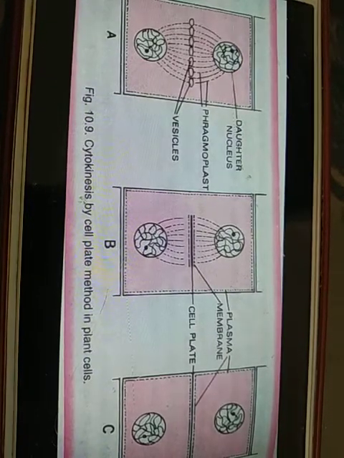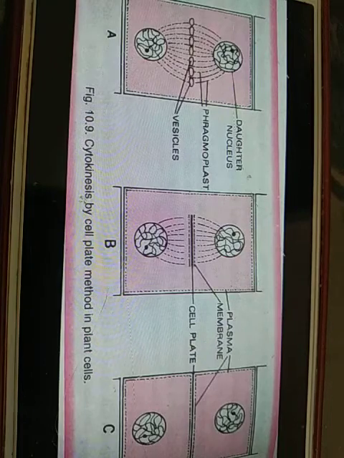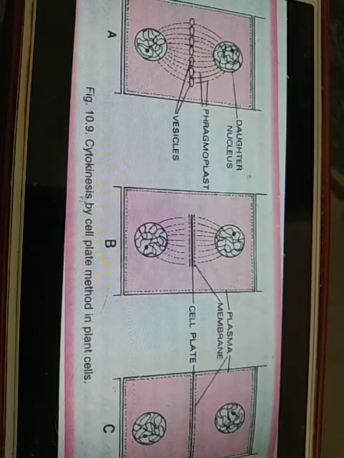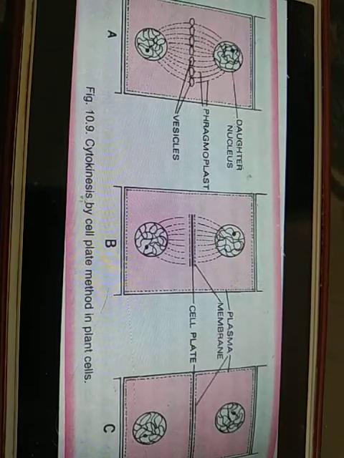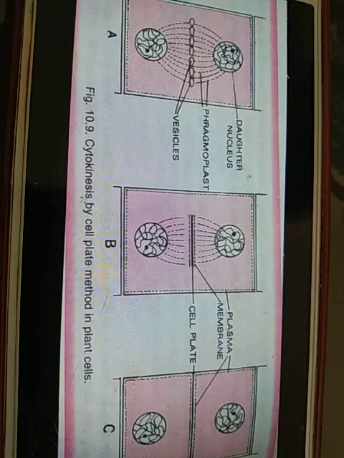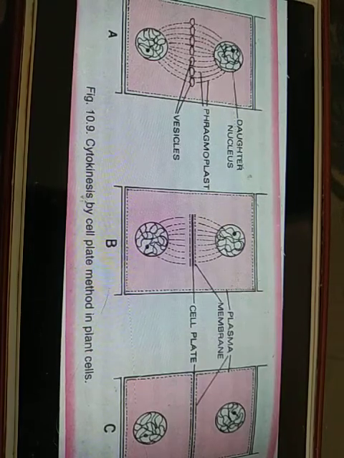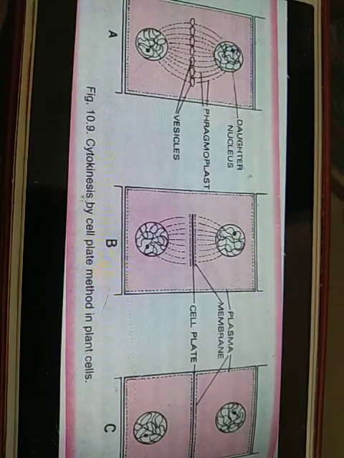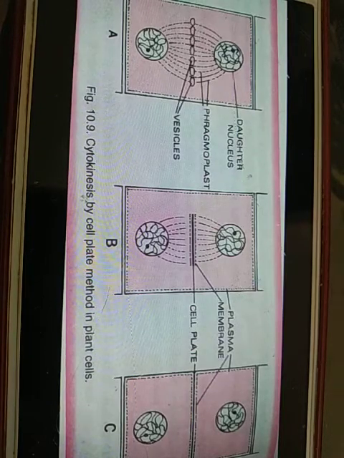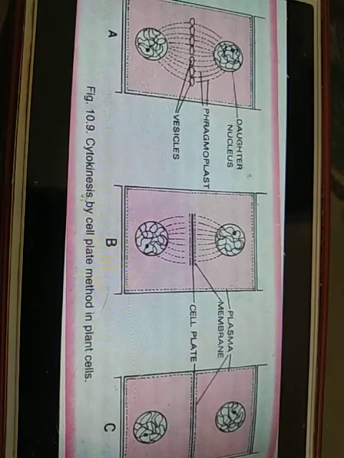Cytoplasm undergoes centripetal constriction in the middle to form two daughter protoplasts, each having a single nucleus. In the furrow between the two protoplasts, pectin, hemicellulose and microfibrils of cellulose are deposited to form a double wall. The wall development is centripetal like the cytoplasmic cleavage.